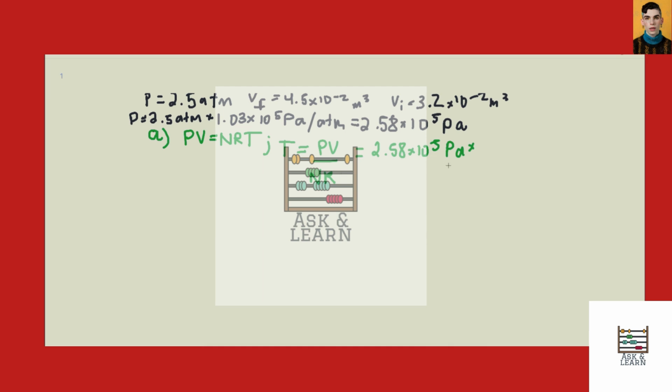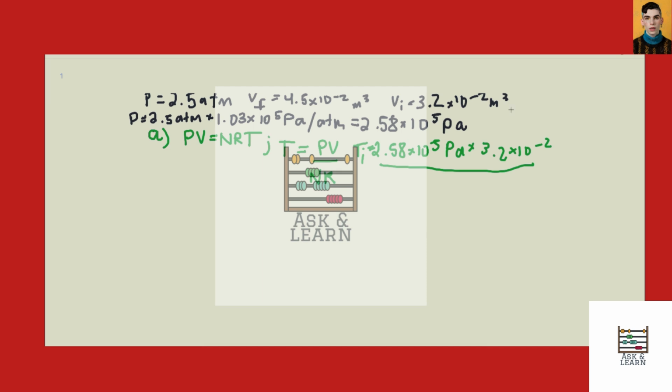so if we're going to do the initial one, I'm just going to erase this, and I'm going to say that T initial equals that times the V initial, 3.2 times 10 to the minus 2. And you just want to divide that by the number of moles.